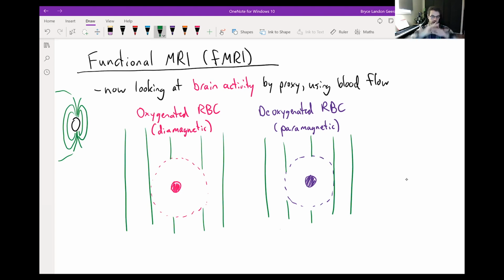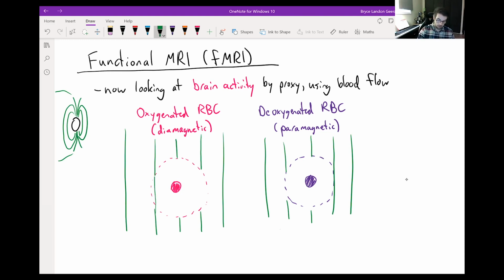But then within the area of influence of this oxygenated red blood cell, the diamagnetic one, the field is actually going to be, actually, let me just redraw these lines to more clearly drive home what I'm trying to represent here. Okay, so this one's more centered. Good enough.